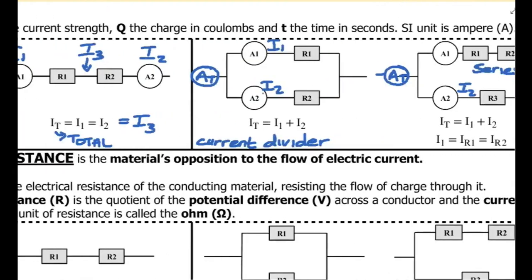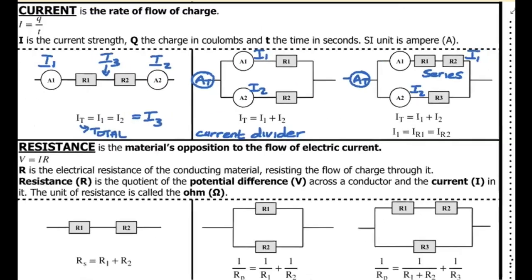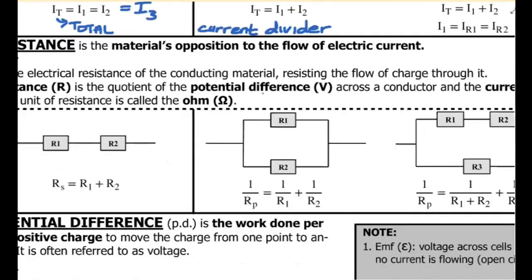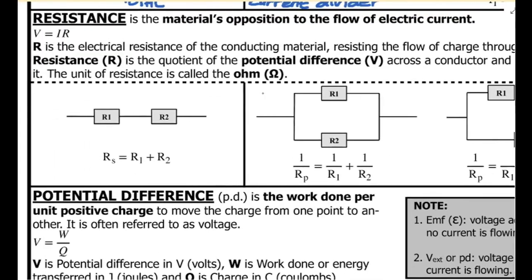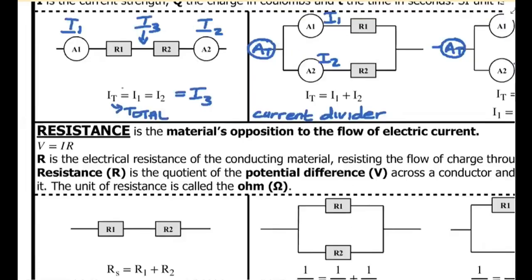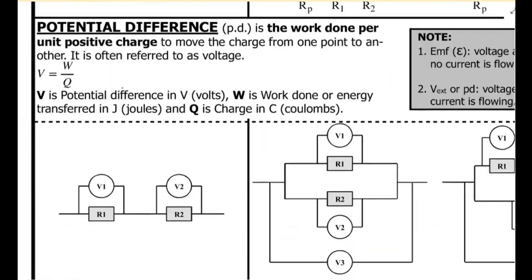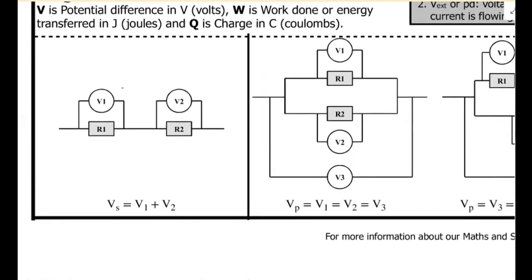If I look at the rules for potential difference, I'm going to come to the rules now for resistance. If I look at a series circuit and potential difference, a series circuit is known as a potential divider because it actually divides potential difference.